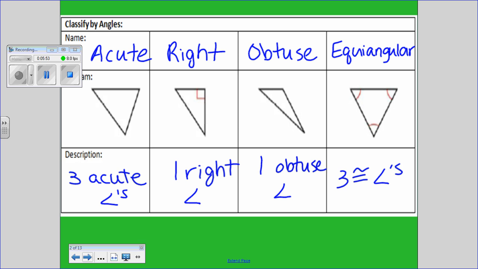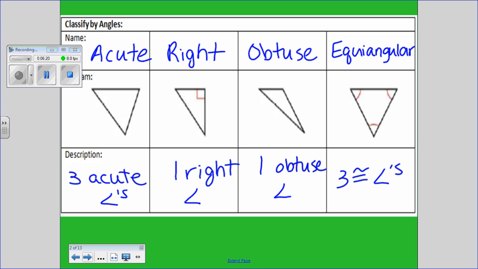Now, you can mix classification by side and classification by angle. For instance, I can have an obtuse isosceles triangle, or I can have a right isosceles triangle. Okay?